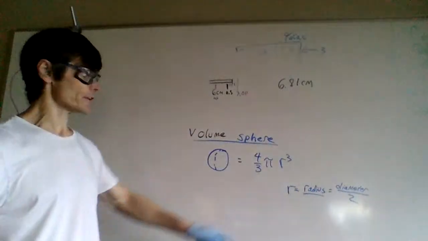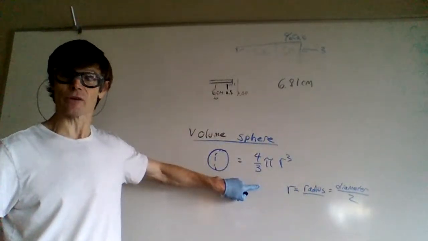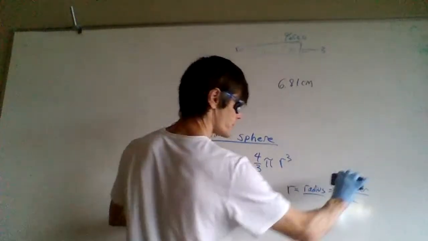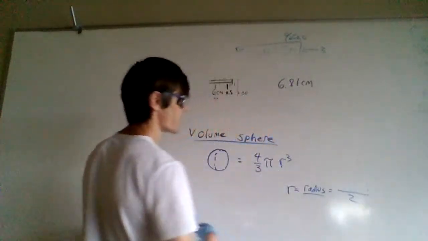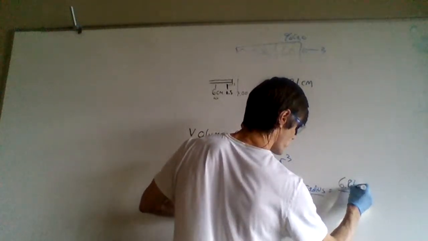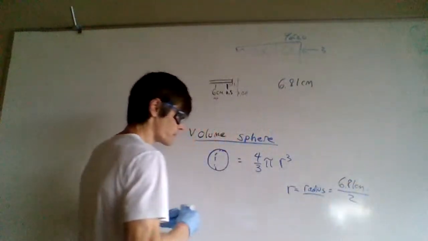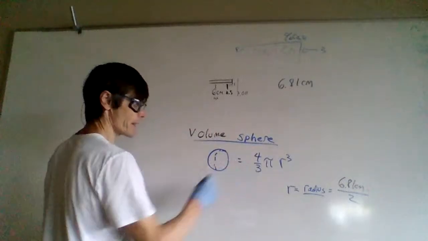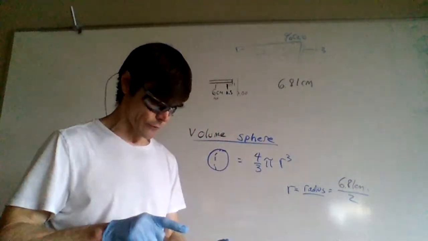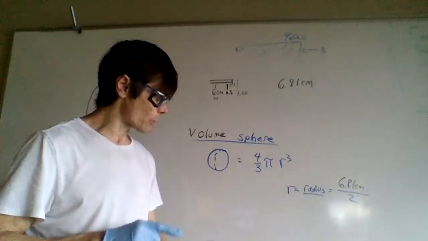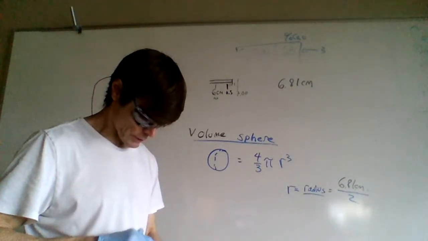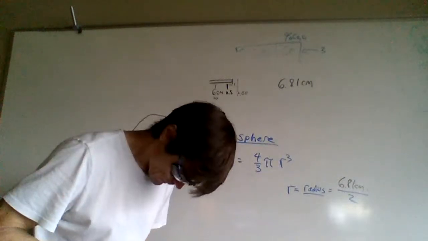Let's put that into our formula and calculate the volume for that particular piece of styrofoam. I got 6.81 divided by 2, and I'm going to plug that into my formula. 6.81 divided by 2 is 3.405.